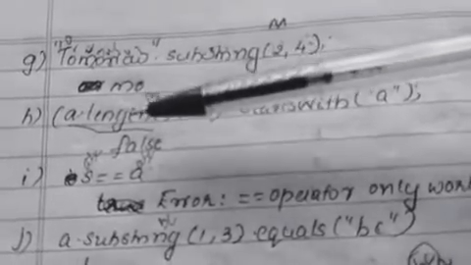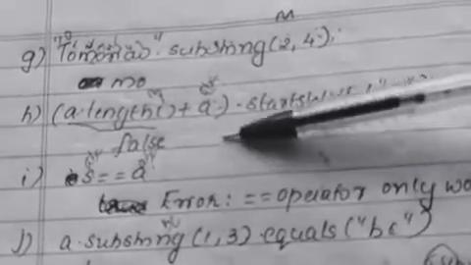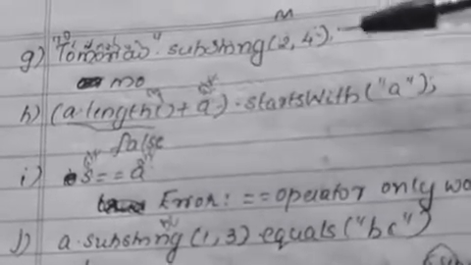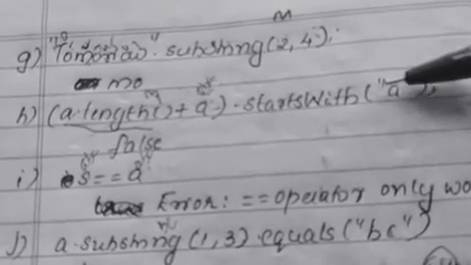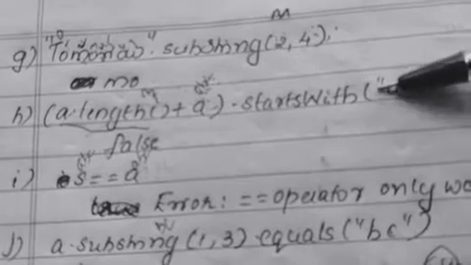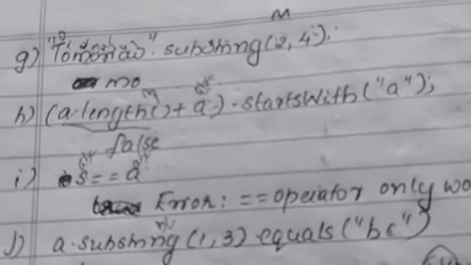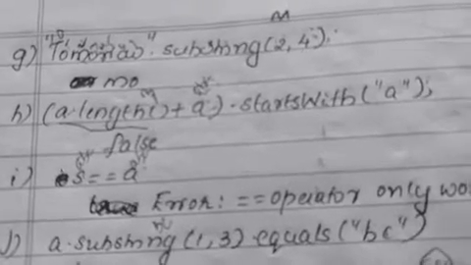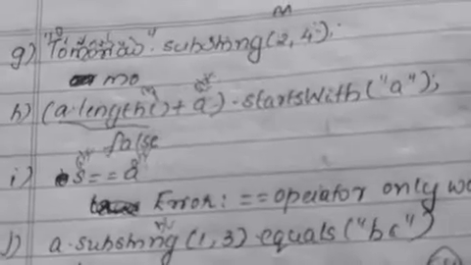So next one, (a.length() + a).startsWith(a). Here you can see that it's enclosed in parentheses. startsWith is a string function to check whether the given string starts with a specified group of characters. The value we pass to the startsWith function is a string type.